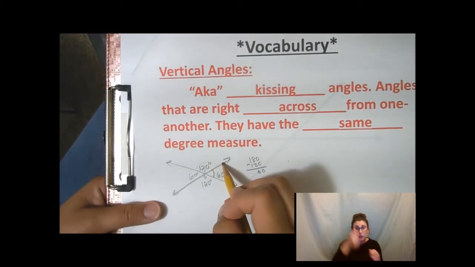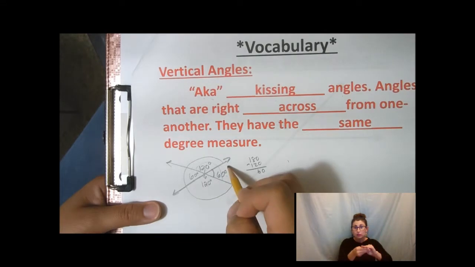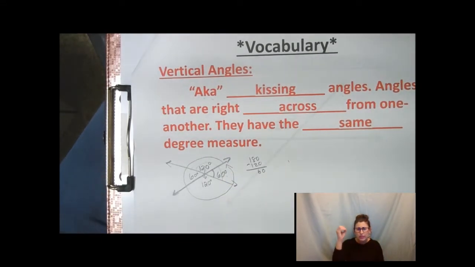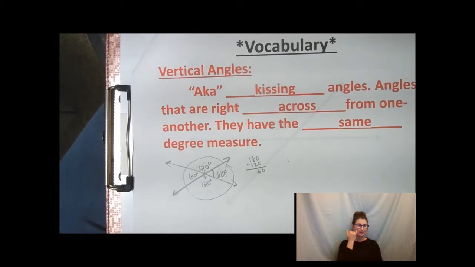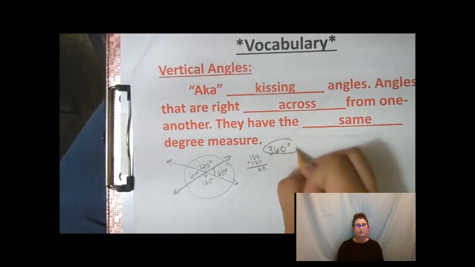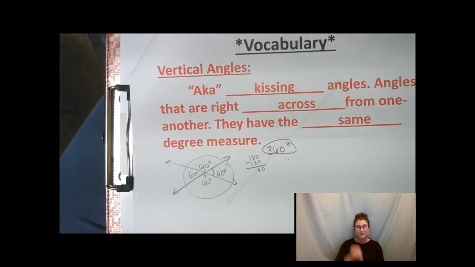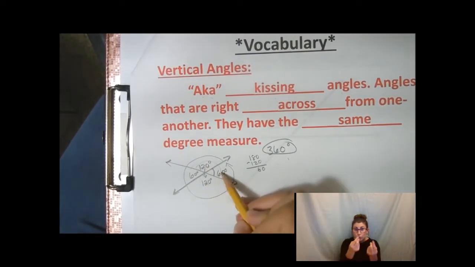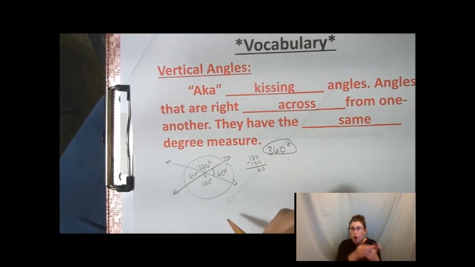Do you remember how many degrees are in a circle all the way around? If you don't remember, what is it called when somebody on a skateboard flips the skateboard all the way around? 360. All right, so if you are ever worried about if your angles are correct, you can add all of these up and they need to add up to 360.